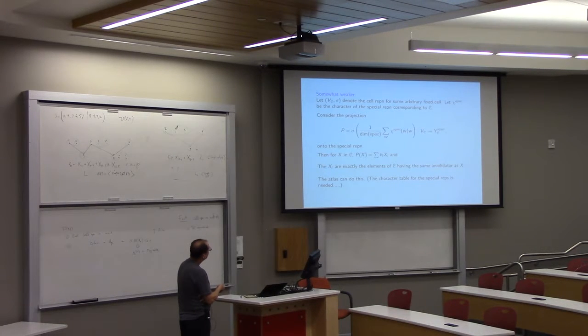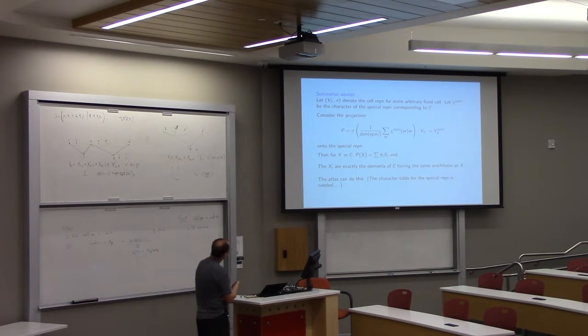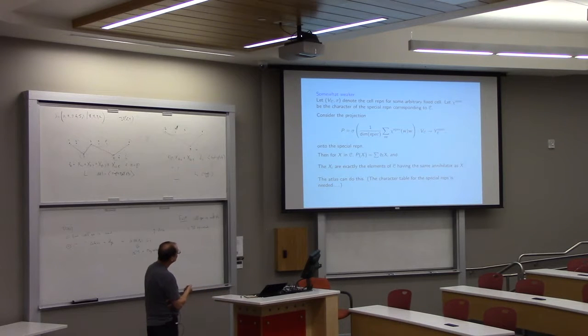In this projection, you have to know ahead of time what the special representation is and what its character is. And, presumably, well, Peter said you can get that from GAP. But I think the atlas can sort of just compute that.